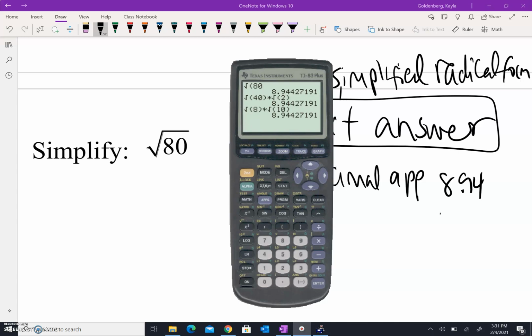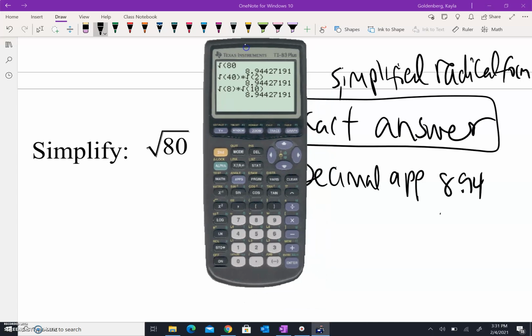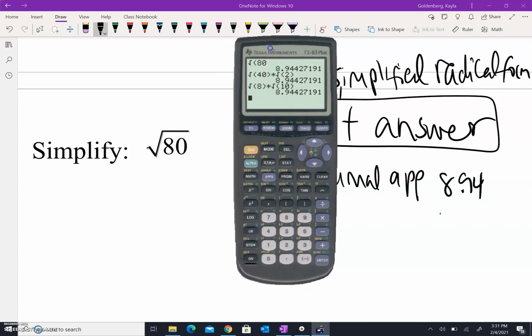I also did the square root of 40 times the square root of 2, and the product is about 8.944 as well. I did the square root of 8 times the square root of 10, and that's also 8.944. So you might be noticing a pattern with how the 40 and 2, and the 8 and 10 pairs correspond to the 80.